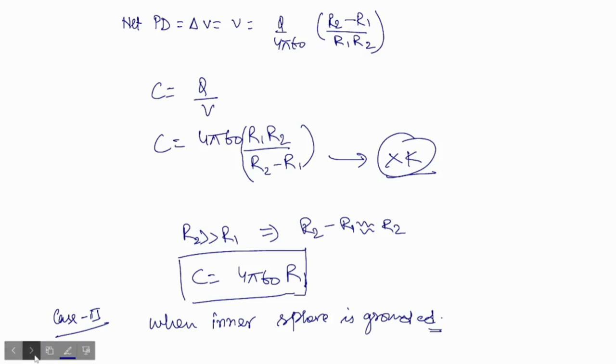By that logic, we'll get C. I'm directly writing the result, you will not need to derive it. C will be 4 pi epsilon naught R2 square upon R2 minus R1. This will be the result when the inner sphere is grounded. You can also derive it.